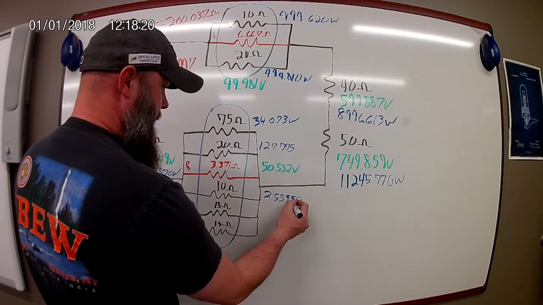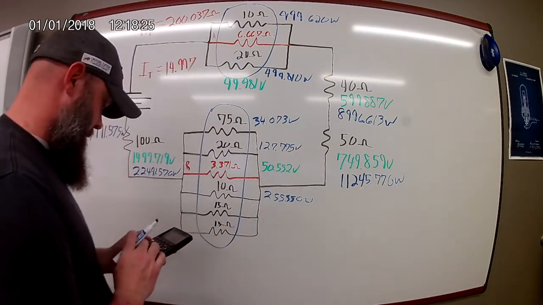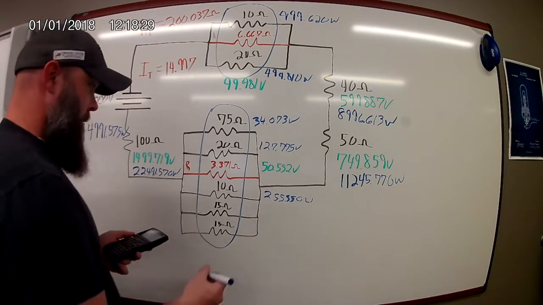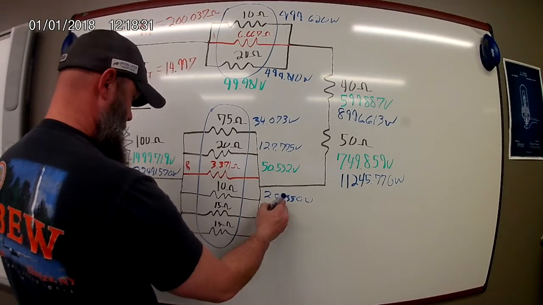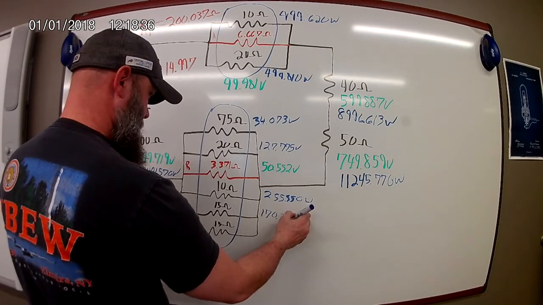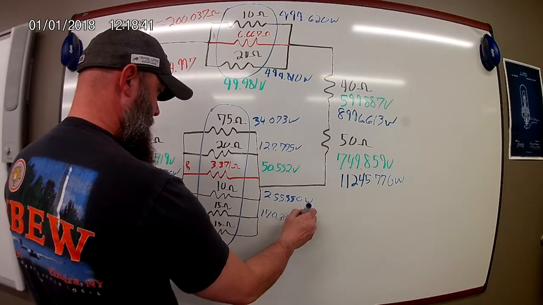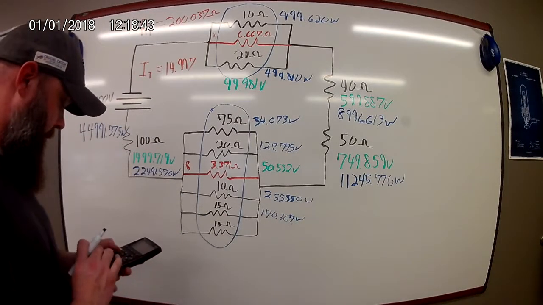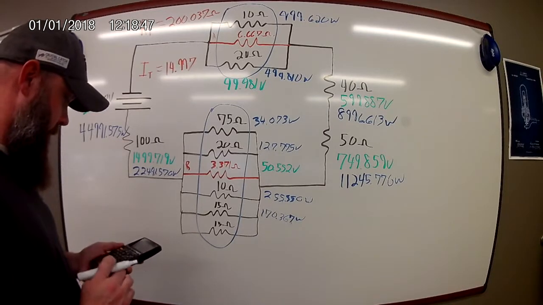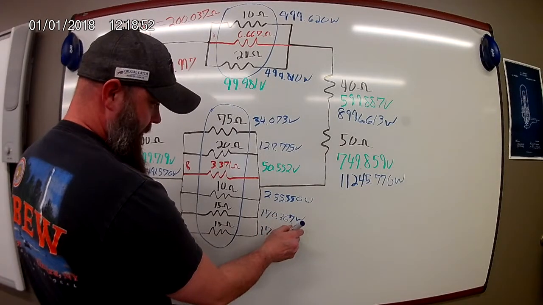Well, those are terrible looking fives. And obviously these last two should be equal because they're the same resistor.